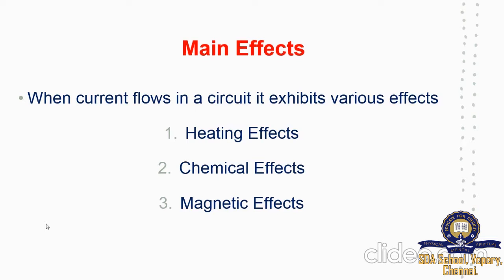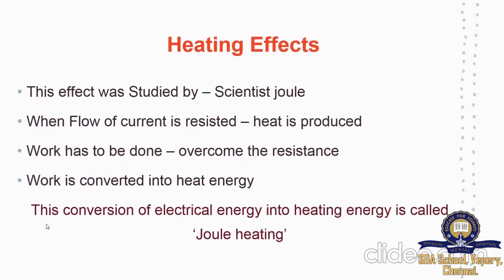First we'll move on to the first effect, which is nothing but the heating effect. This effect was studied by scientist Joule. When the flow of current is resisted, heat is produced. This is because the electrons, while moving in the wire or resistor, suffer resistance, and work has to be done to overcome the resistance, which is converted into heat energy.